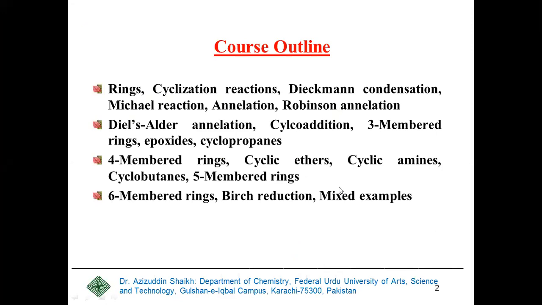We have discussed two lectures on rings, cyclization reactions, and detailed granulation, including three-membered rings, epoxides and cyclopropanes. Now we are going to discuss four-membered rings, in which there are three types: cyclic ethers, cyclic amines, and cyclobutenes, as well as five-membered rings.